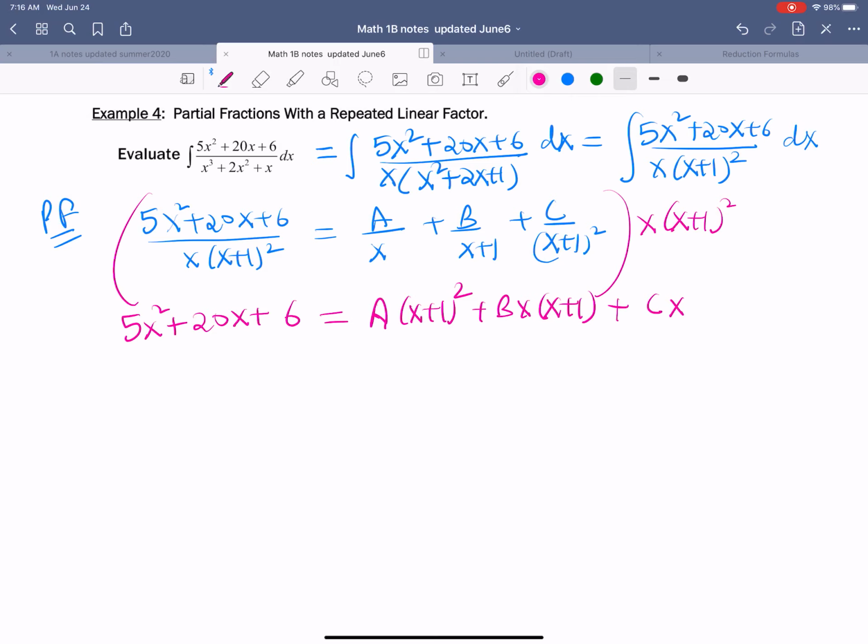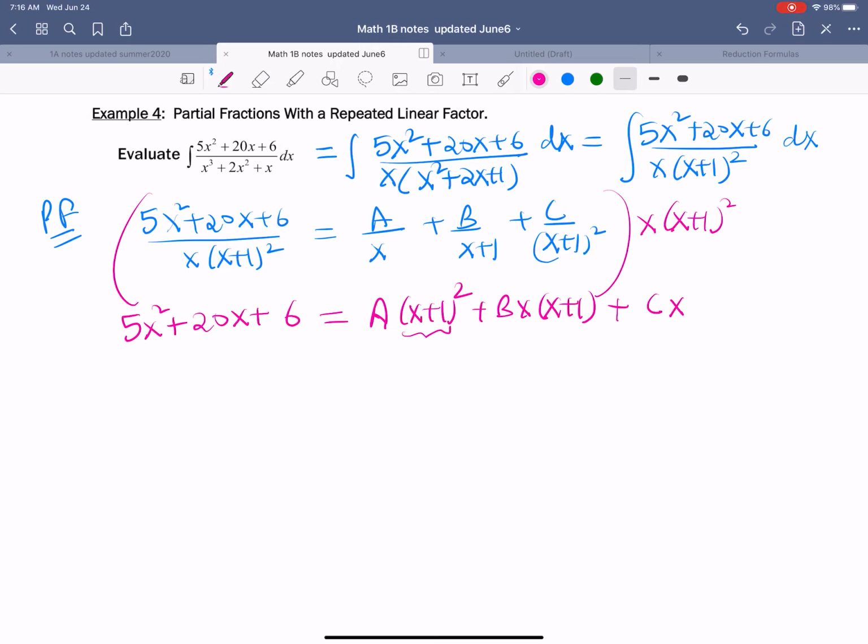To evaluate this, we can FOIL the (x plus 1) squared, distribute, combine the like terms, and then equate the coefficients.